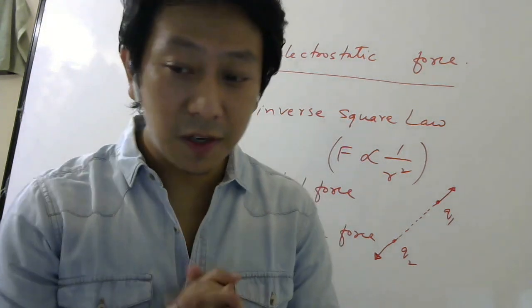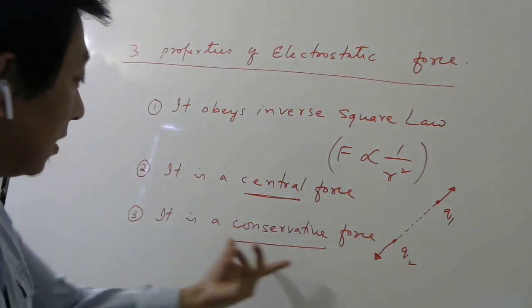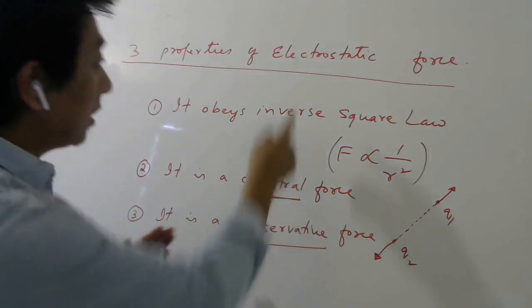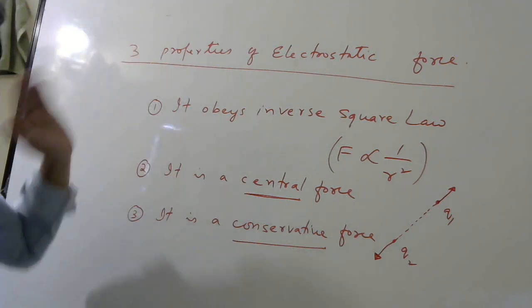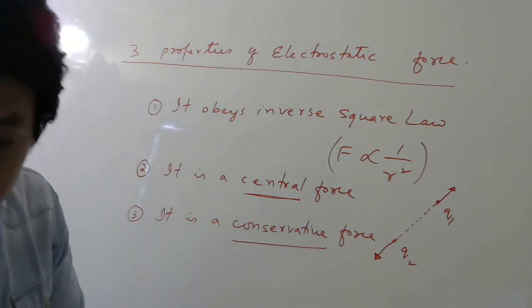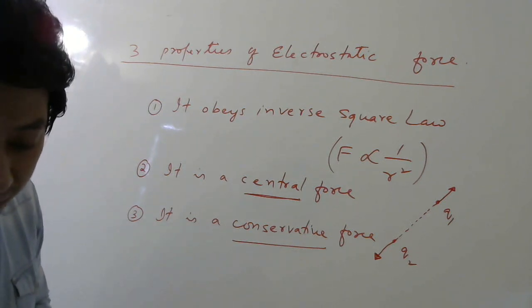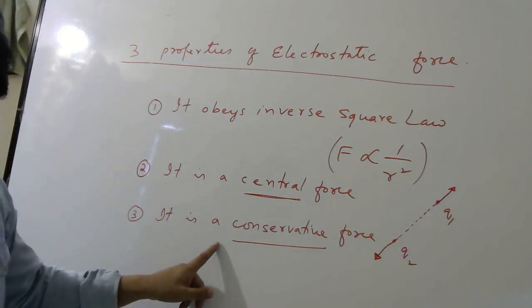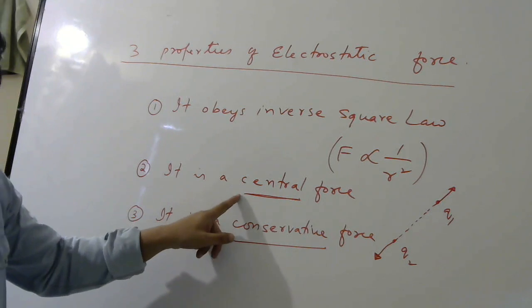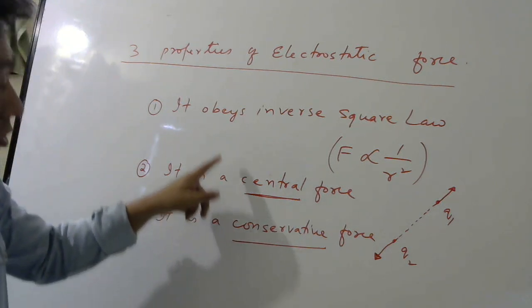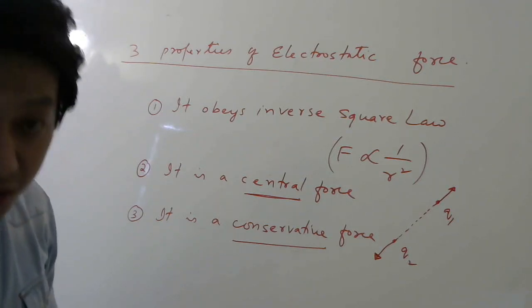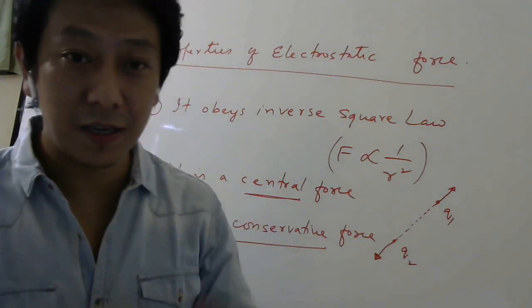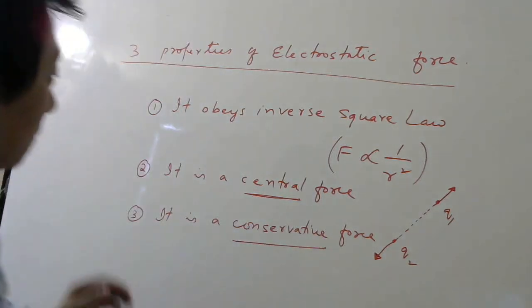However, a little bit, let me give you a feeling for why electrostatic force should be conservative. So these three you note down. Now in question number 9, they have said first option is conservative force, correct. Second option is central force, correct. Third option is it obeys inverse square law, that is also correct. That means option D will be right, because option D says it has all the properties.